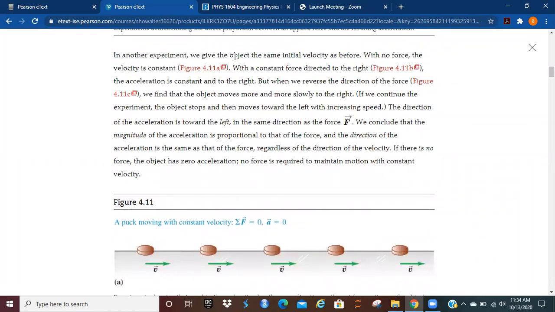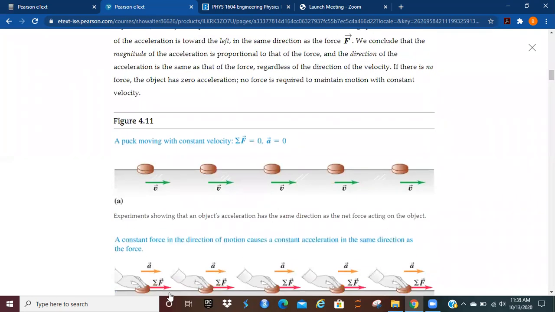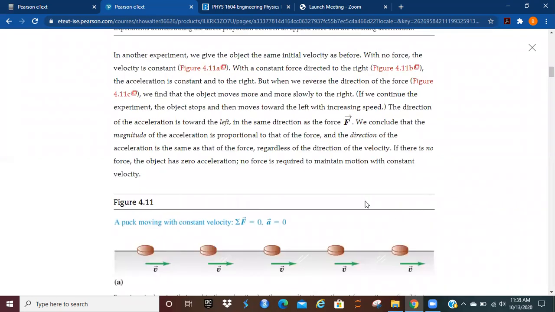So we have another experiment here. We're going to give the object the same initial velocity as before, but with no force, the velocity is constant. With a constant force directed to the right, the acceleration is constant and to the right. When we reverse the direction of the force, we're going to find that the object moves more and more slowly to the right, and the direction of the acceleration is towards the left.